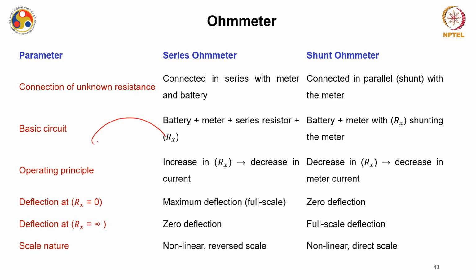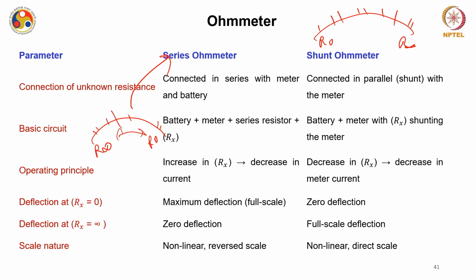The scale we were talking about, with R infinite on this side and R 0 on this side, is followed by the series ohm meters, while for the shunt it is normal like any other meter, with R 0 here and R infinite on this side.